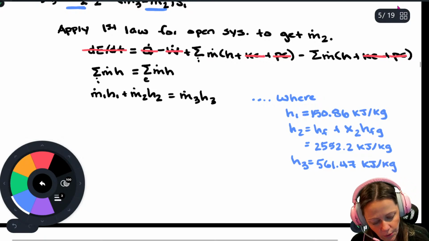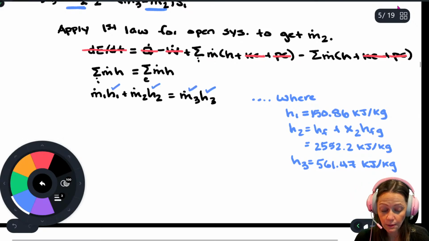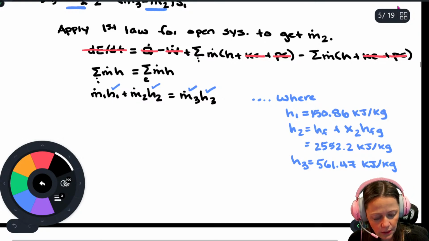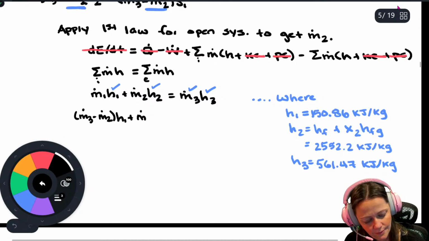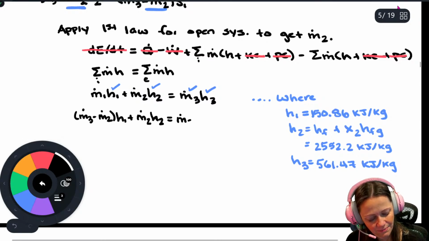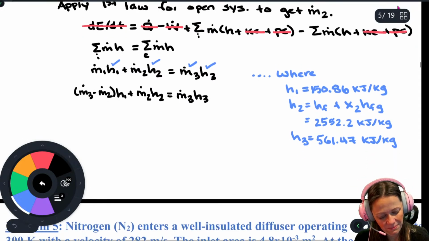Perfect. So I know h1, I know h2, I know h3, I know m dot 3, and now the only thing I'm going to do is replace that m dot 2 with m dot 3 minus m dot 2. All right, so I've got all the h's and I've got m dot 3.